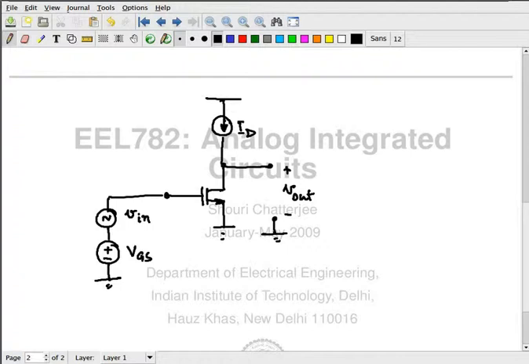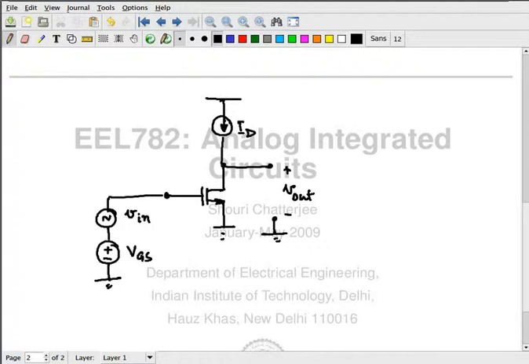Now, the question to you is, what is the relationship between V in and V out? Okay, everyone has the answer, but how do you attack this problem? You are going to replace the MOSFET by its small signal equivalent circuit, number one. You are going to null all the voltage and current sources. When you null a voltage source, you make the voltage source 0 volts, which means you make it a short.